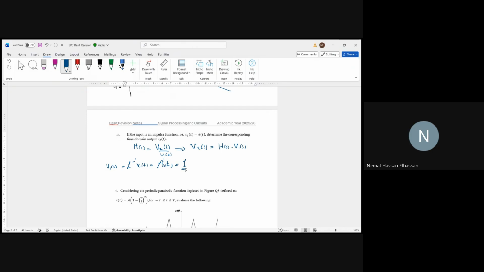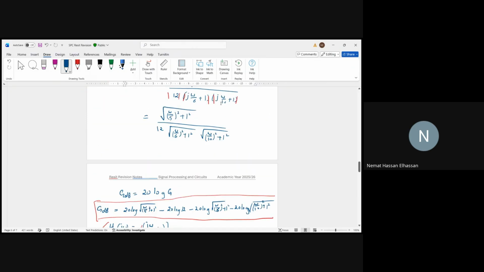And you can find that from the Laplace transform tables, which will be available in your formula sheet during the exam. So based on that, if V1 of s is 1, then V2 of s is actually equal to h of s. And I already have h of s in the question.